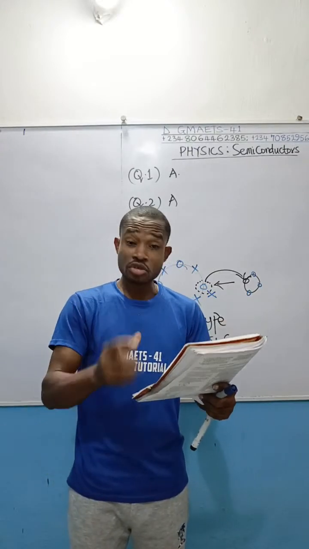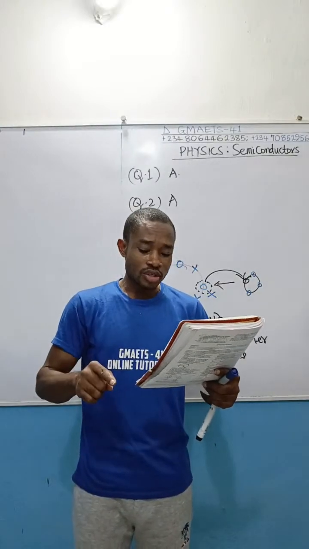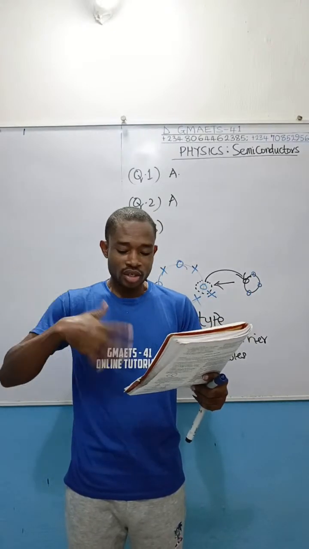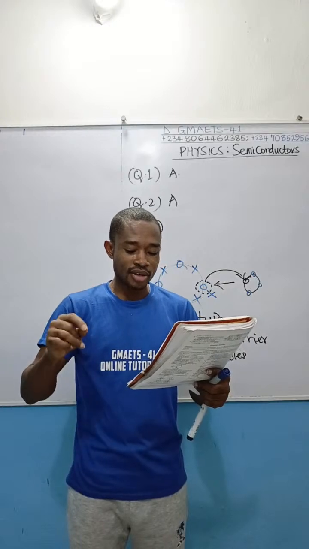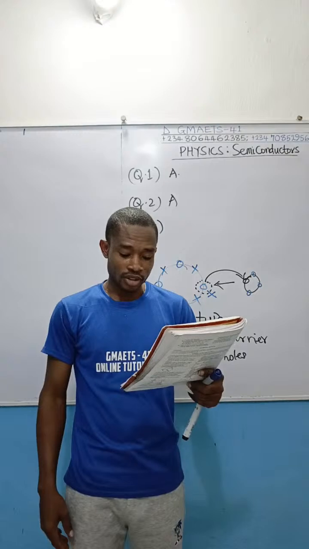So I'm going for option B. Let's look at options C and D anyway. Option C: electrons are the majority carriers in P-type, while holes are the majority charge carriers in N-type. No. That one is off.